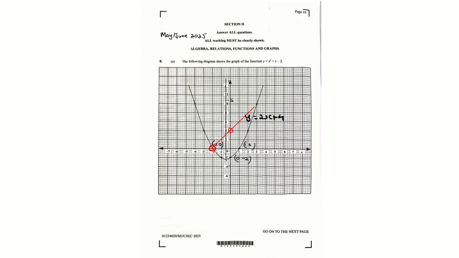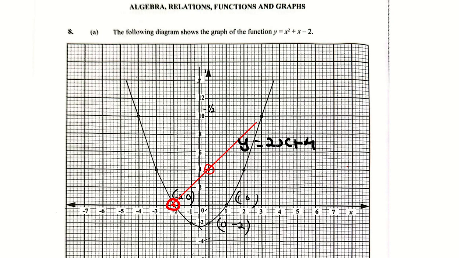And if I extend my line, let's just zoom up here, and I extend my line, I would get this coordinate here, 3, 10. So x is 3, y is 10. 3, 10 for my solutions.